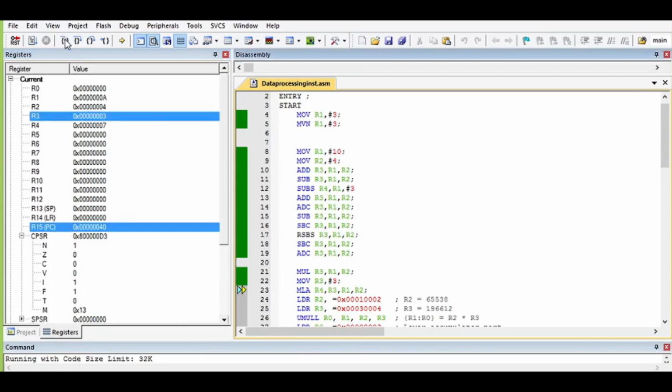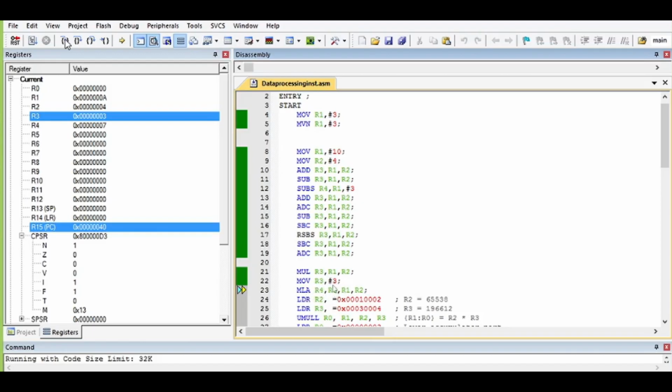Next we have the instruction MLA, which is multiply and accumulate. What happens here is the register content R3 is multiplied with R1 and the result generated is added with R2. Okay, it's R3 into R1 plus R2, and the result of that is stored in the register R4. Hence it is called multiply and accumulate.